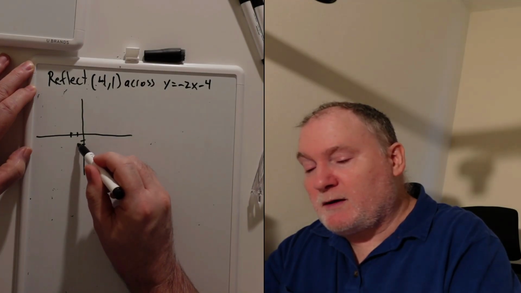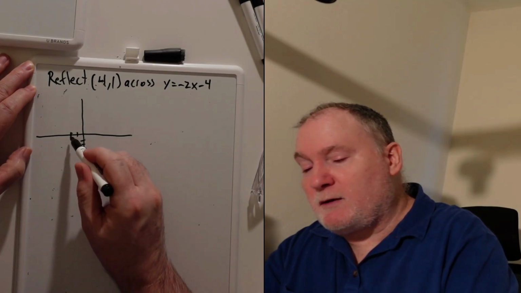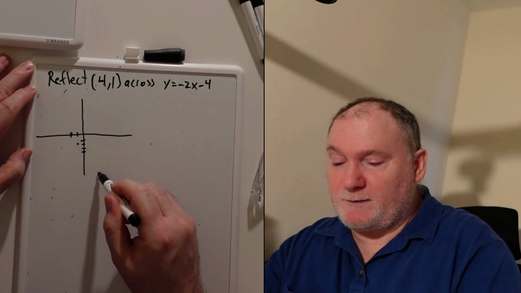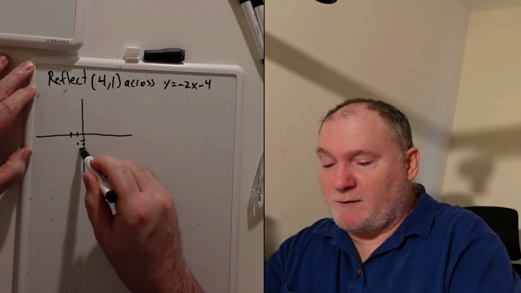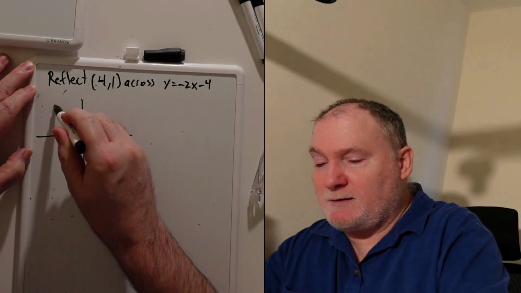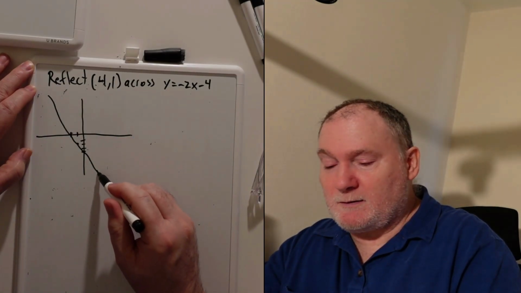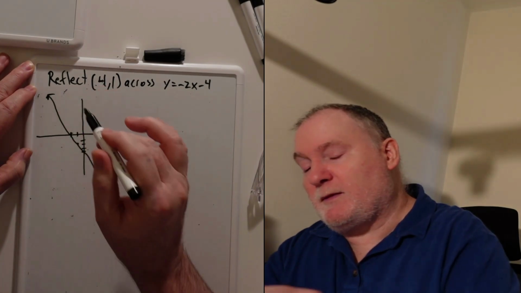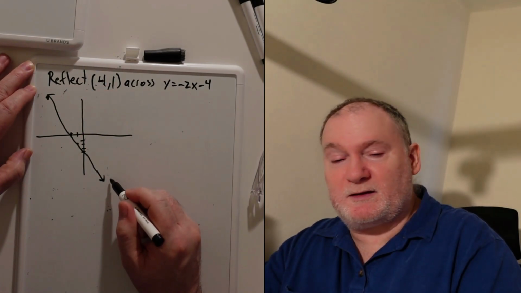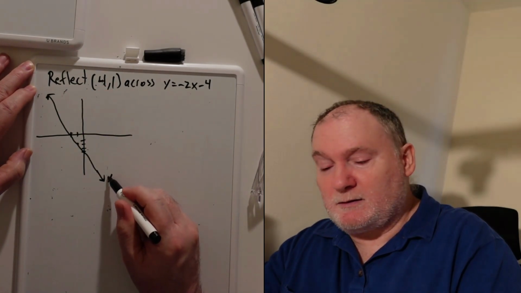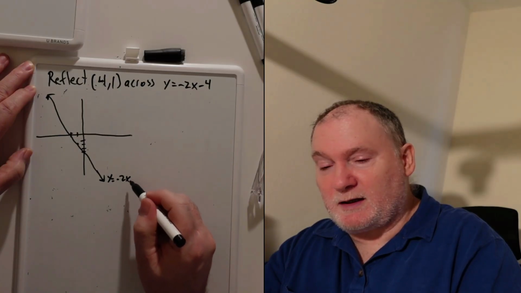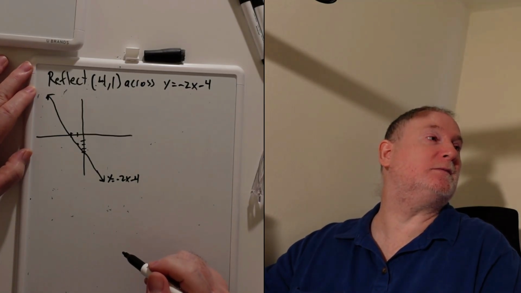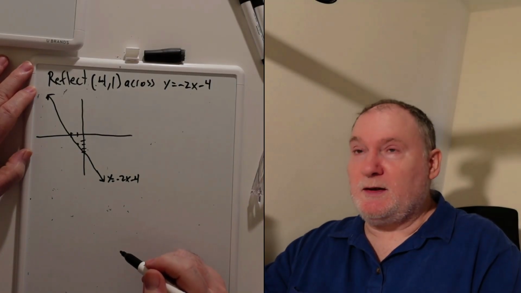Up 2 over 1, we'll put it here, and then up 2 over 1, we'll put it here. So this line is, I'm just doing it freehand as best I can. All right, so this is our line, y is equal to negative 2x minus 4. All right, looking good.